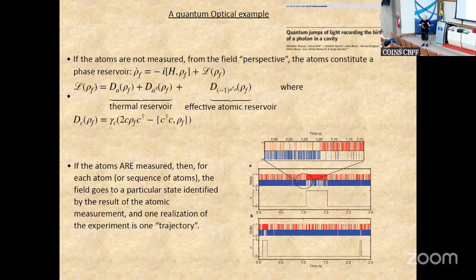They collect many atoms in a sequence, and if many of them are in the same state, then they say that they are seeing the state of the cavity in a given Fock state. Although each atom in principle is already a detector for the state of the cavity, to be clear, they need to collect many atoms. So this is again a discussion of how quantum detectors and classical detectors work, if you want to go in this direction.